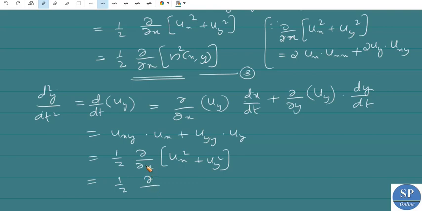This is ∂/∂y, not ∂/∂x. It will be ∂/∂y of this. So this is equal to 1/2 into ∂/∂y of n²(x, y). Number it as 4.